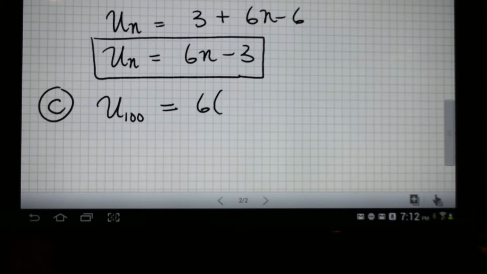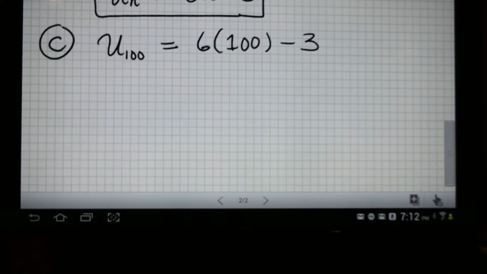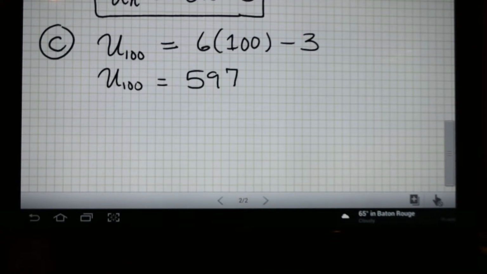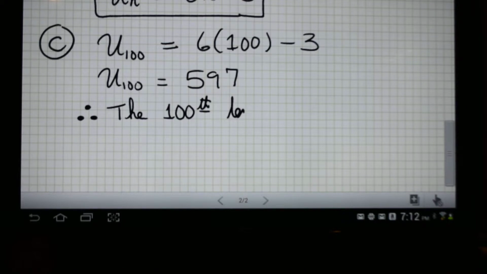So the 100th term is equal to 600 minus 3, which is 597. Therefore, there we go.